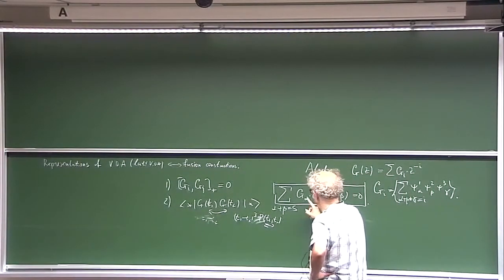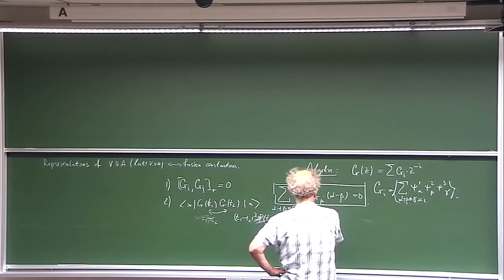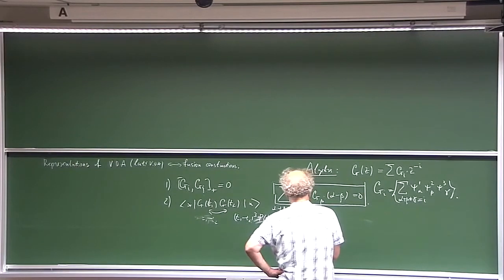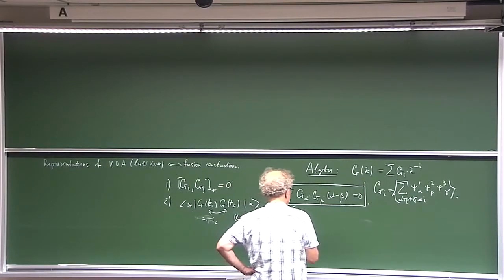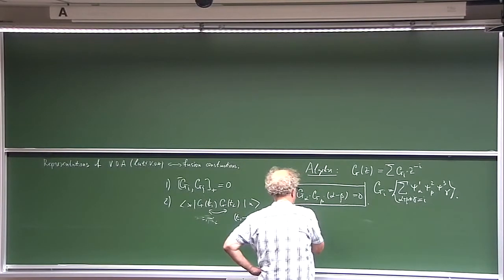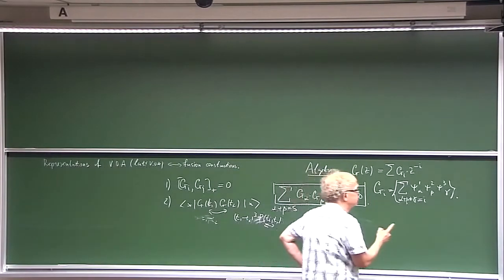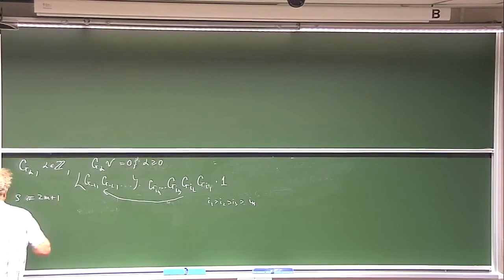But what actually follows from this relation? Well, let us look at this relation. Suppose here s is odd, and s is equal to 2m plus 1.